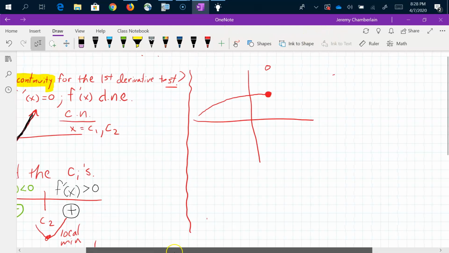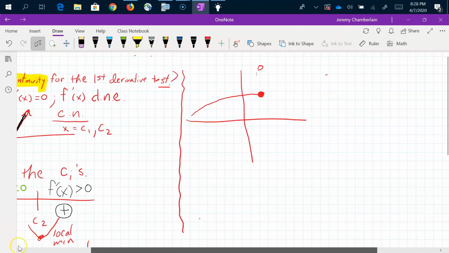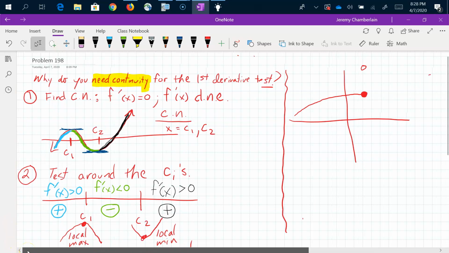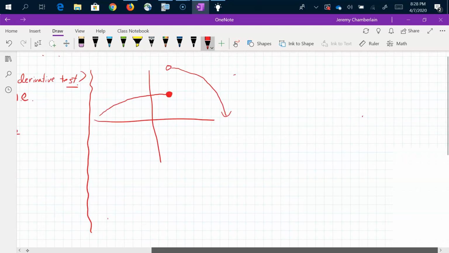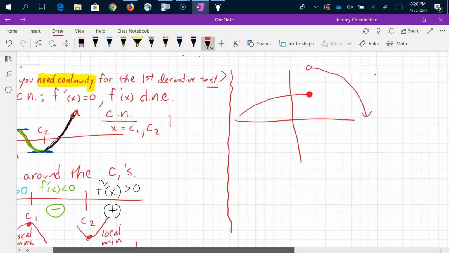Sorry about that. Sometimes that happens with this touchpad, it's really sensitive. So here I've got something like this. And I'll just call this c1. So I've got my critical number here, and it looks like the derivative goes to 0 around c1.